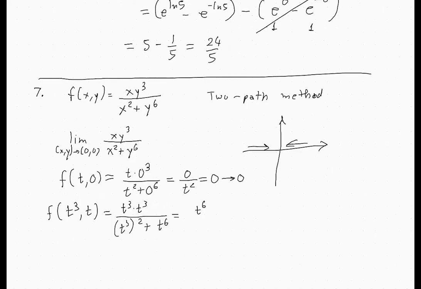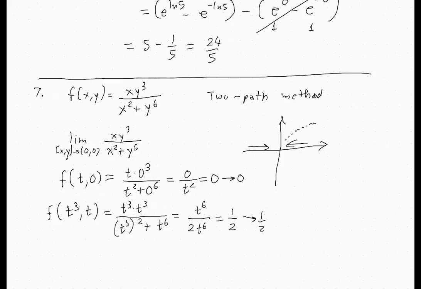So here I'm proceeding along x is equal to y cubed, which is a curve that would normally look like this. So somehow I'm taking a path, which is not a linear path, that brings me toward that point.